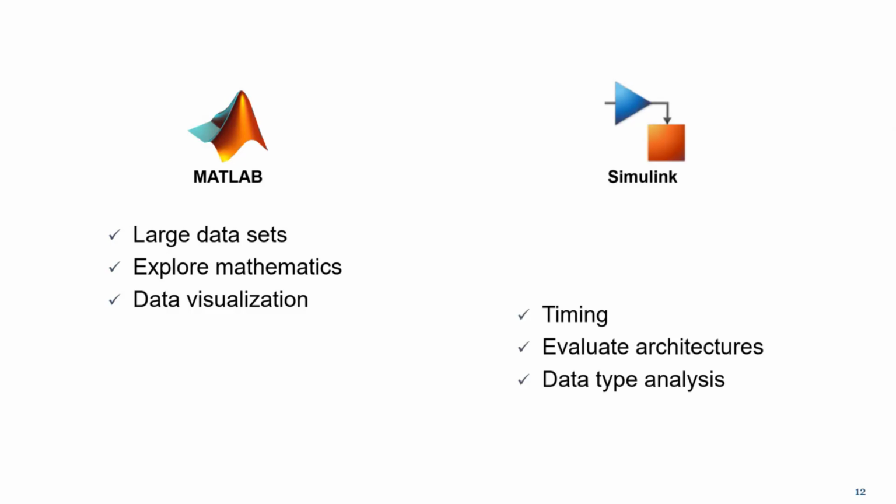Simulink is very well suited to explore timing, evaluate some architectures, and of course do some data type analysis. And that's where we can go from a floating point representation of our algorithm and model to a more fixed point representation of our model, right?